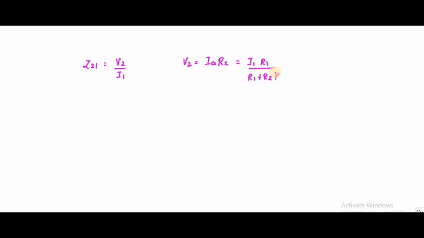IA is equal to I1 into R1 divided by R1 plus R2 plus R3, into R2, that's the numerator. So you can write V2 by I1, that is Z21, equal to R1 R2 divided by R1 plus R2 plus R3.